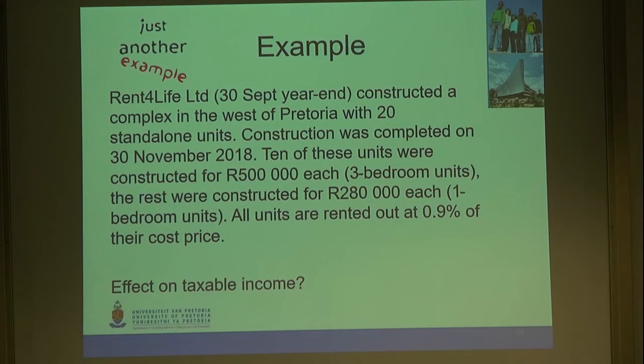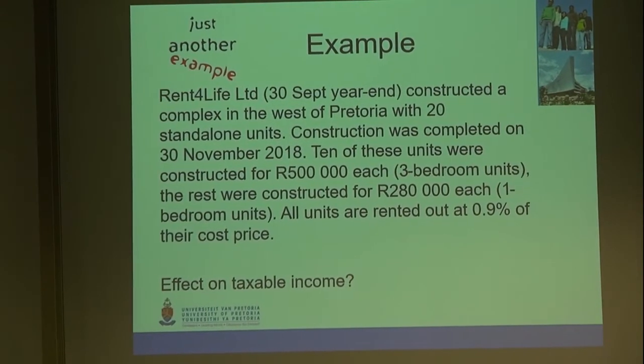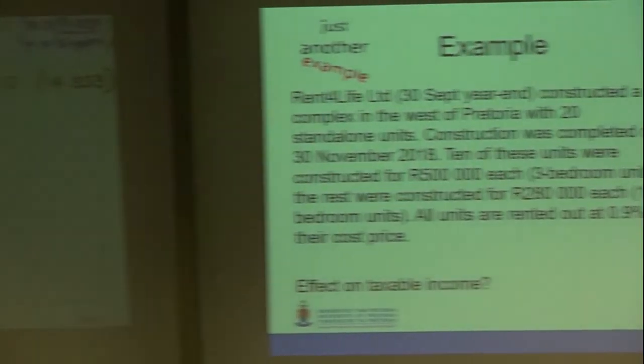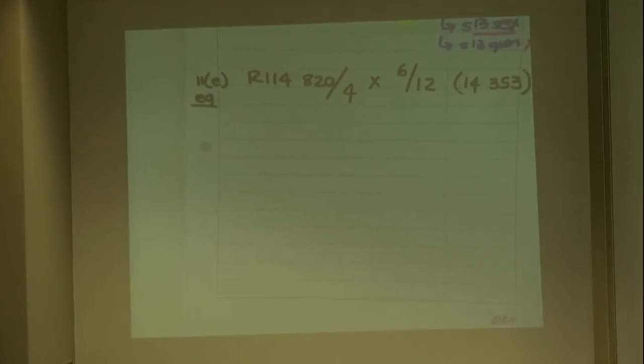All units are rented out at 0.9% of their cost price. Okay, so we'll just tell you in that sentence that they are low cost. Right. Let's quickly do a calculation to see what we would be able to claim on these buildings. Okay, so we've got 10 that are low cost and 10 that are not low cost.